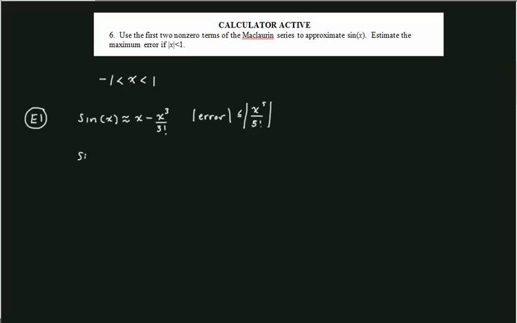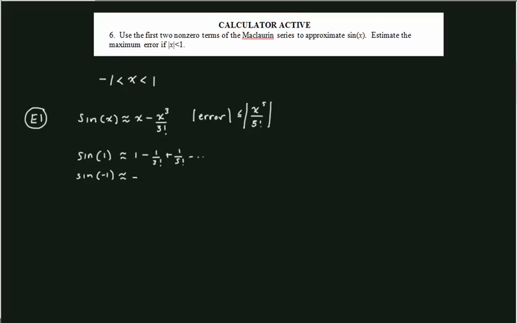Well, let's kind of investigate this. Would it be true for x equals 1, 1 minus 1 over 3 factorial? We certainly see that this would continue to strictly alternate and decrease in absolute value to 0. But how about the sine of -1?